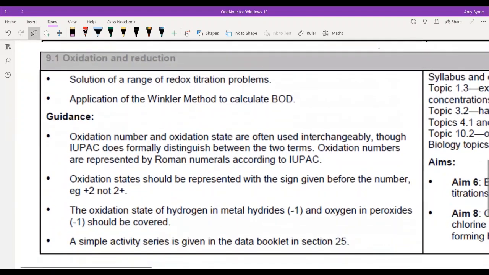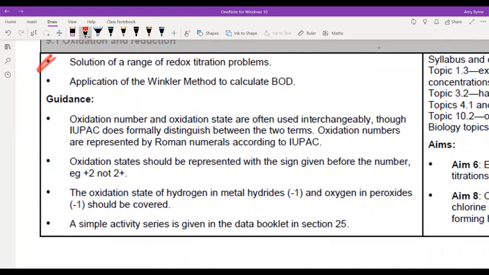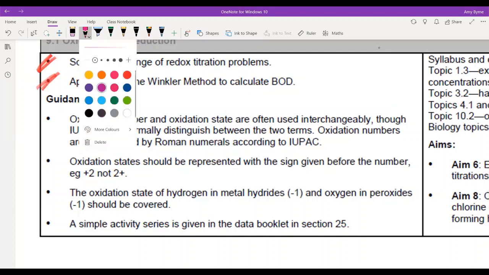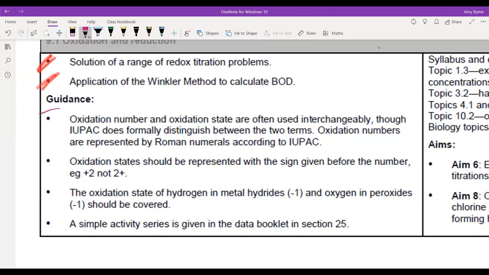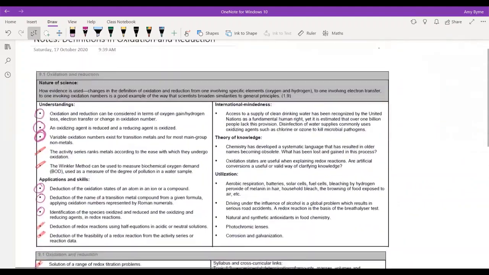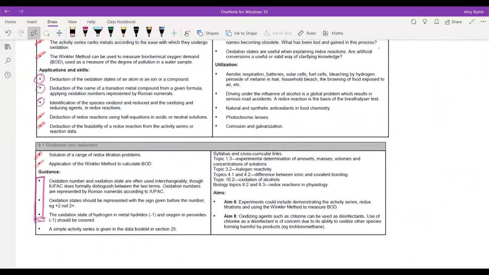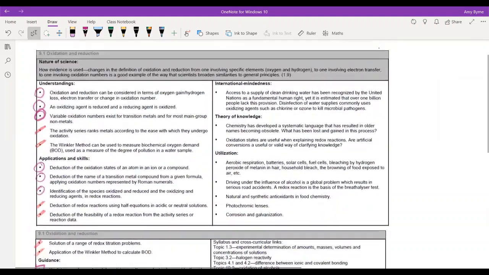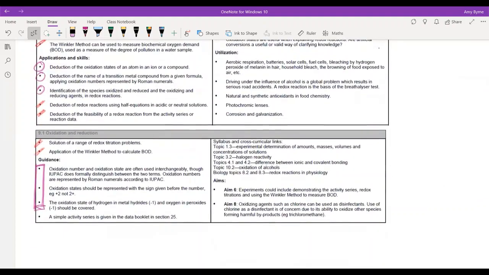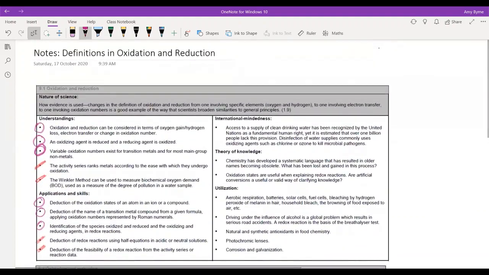That will be our next video. We're not going to solve redox titrations and we're not going to talk about Winkler method. So these things, we're going to need to keep in mind as we go through just those 6 points plus those guidance ideas.